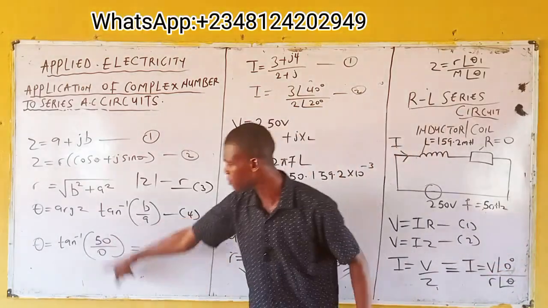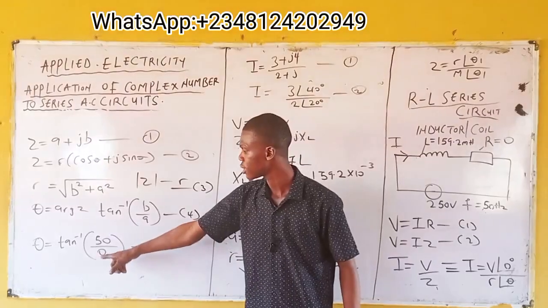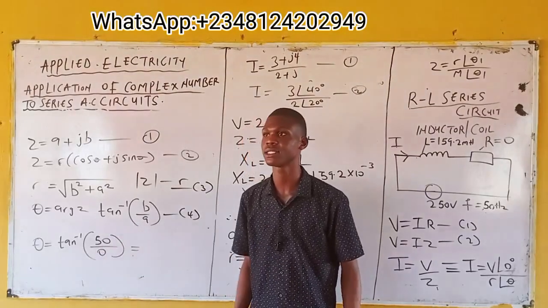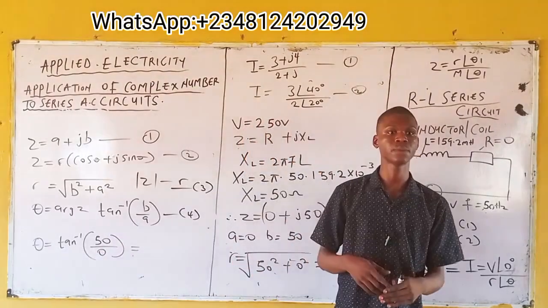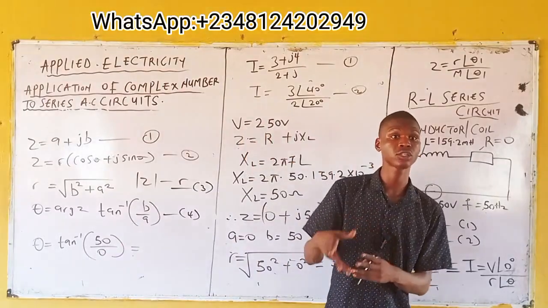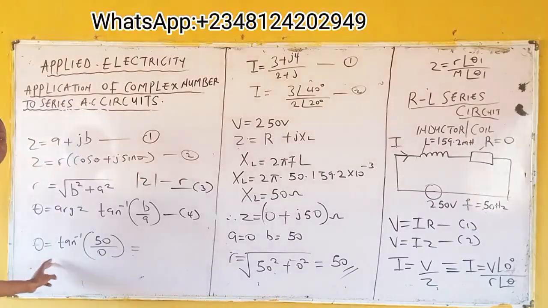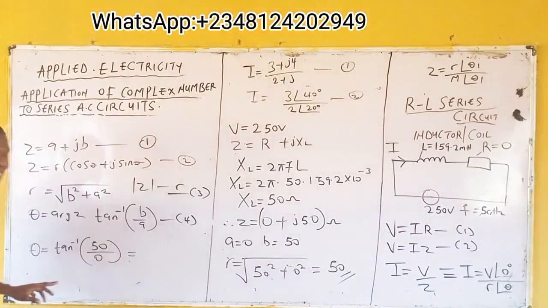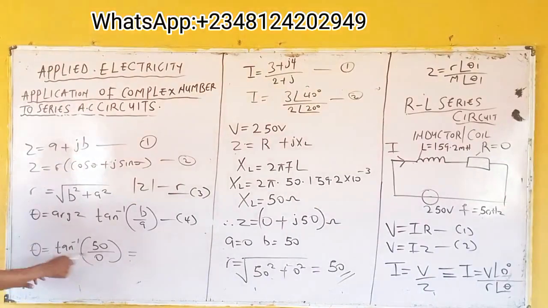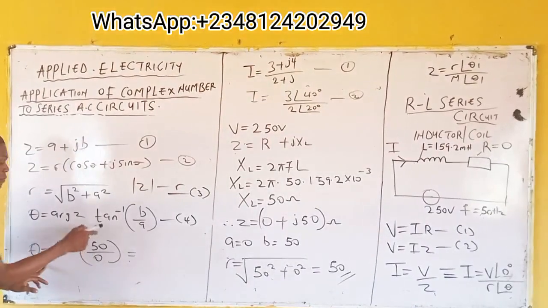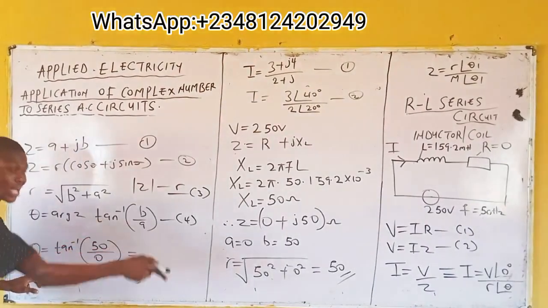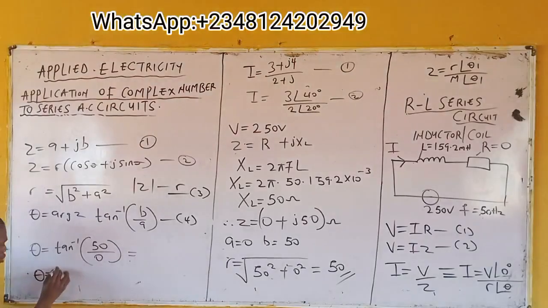Now from here, 50 over 0, it means you can still write this as saying 50 over 0 tends to infinity. 50 over 0 tends to what? Infinity. Meaning that theta, which is equal to tan inverse of 50 over 0, where 50 over 0 tends to infinity, that is, theta is equal to tan inverse of what?